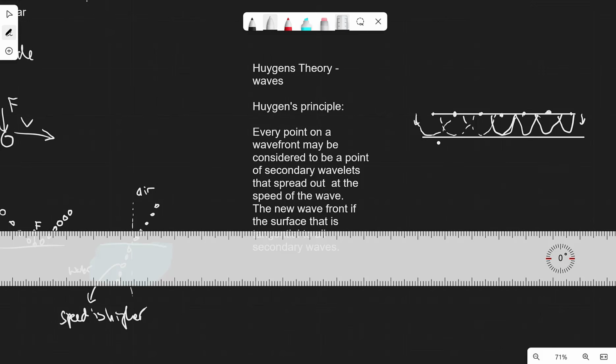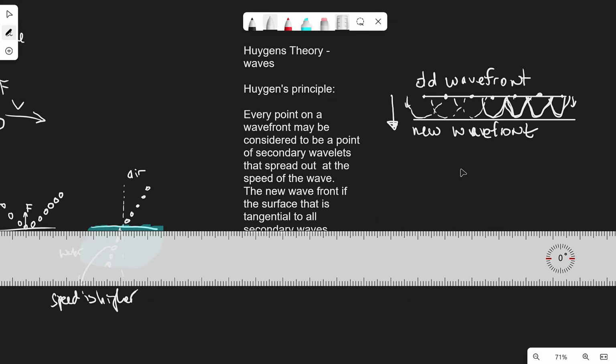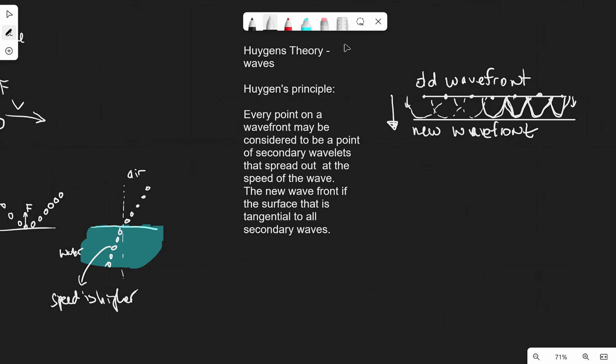All of these should be nice semicircles, by the way, but that's just a little bit more difficult to draw on a digital whiteboard. So we can think of this as the old wavefront and this here as the new wavefront. And it's through that mechanism that the wave is propagating this way at the speed of the wave. So these little wavelets are actually moving at the speed of the wave.